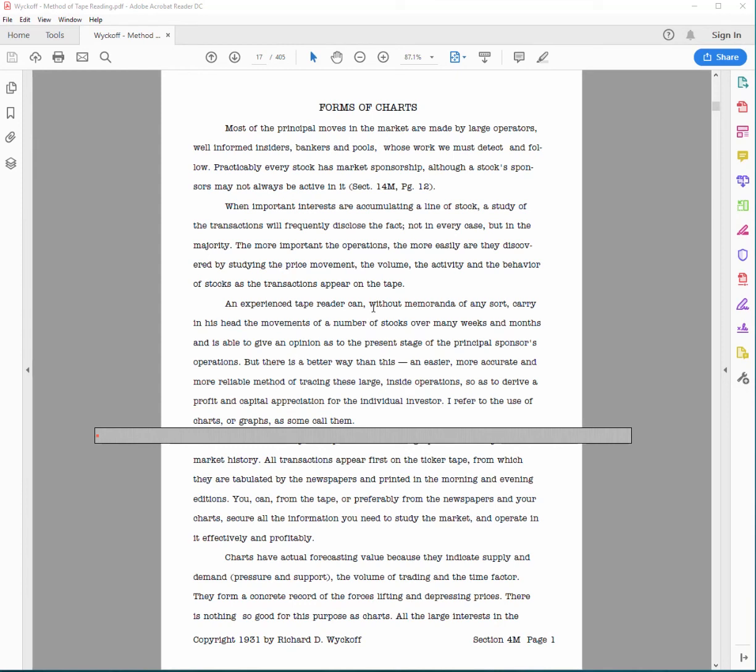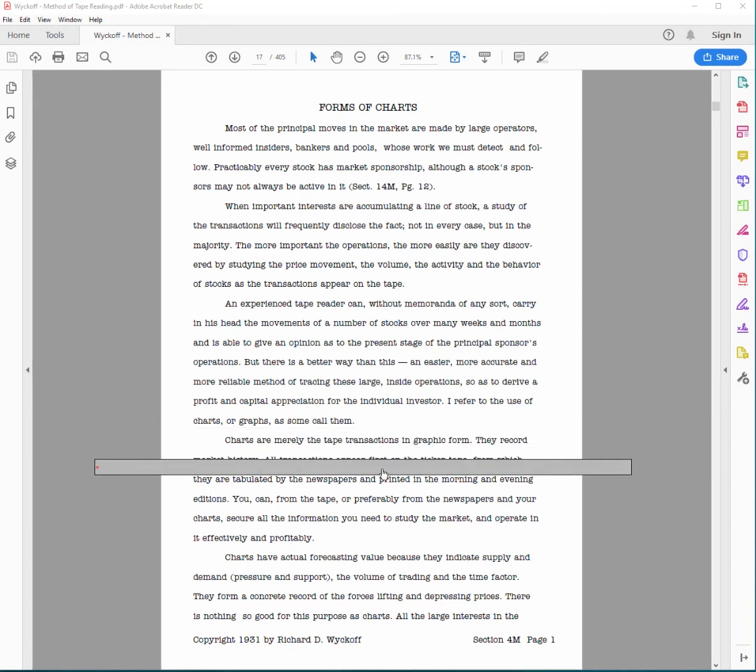You don't need to use a tape. Why? It's an easier, more accurate, and more reliable method of tracing these inside operations. So basically, he refers to the use of charts and graphs instead of the tape, meaning you don't really need to use a tape when you have a chart. A chart is a visual tape. That's somewhere he says that. All right, that's how he treats it.